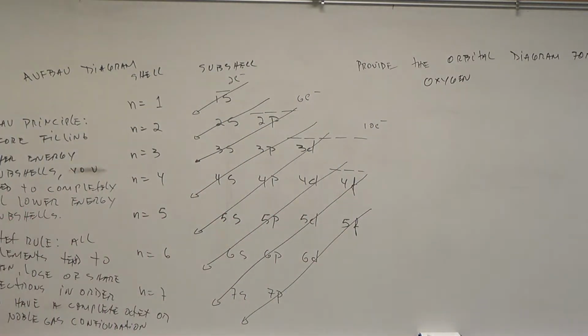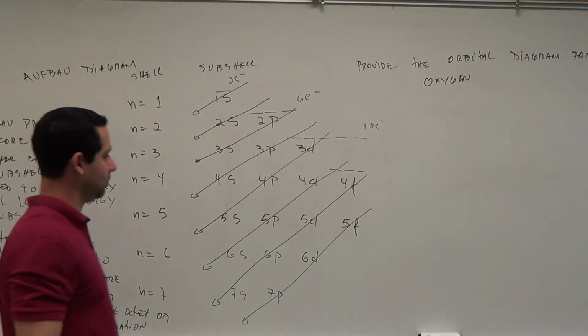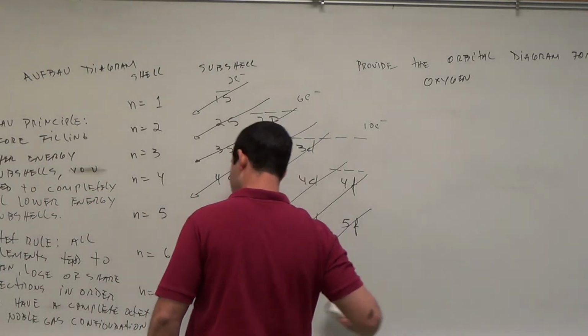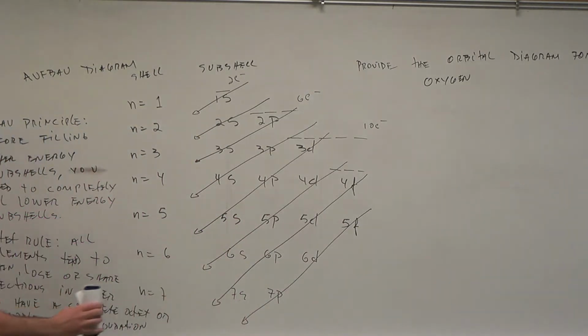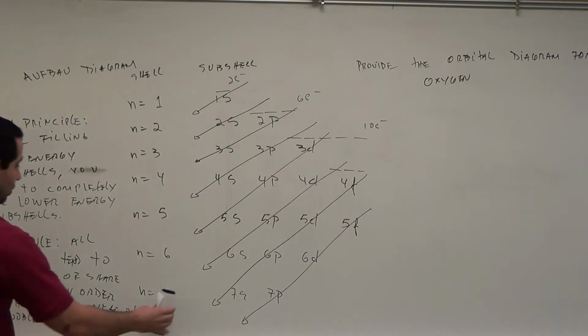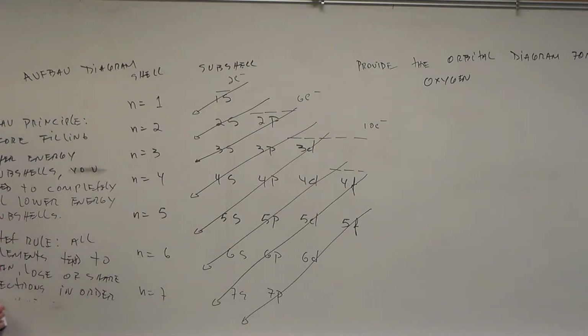Yes, this is with the spins. This is going to be a test question too, right? The orbital diagram? Yes. And so is the Aufbau principle and the octet rule. I'm not going to ask you to draw the Aufbau diagram, but you need it.